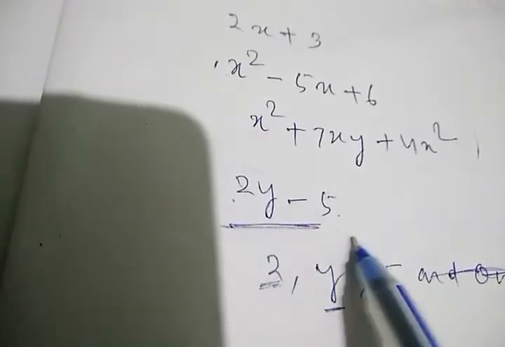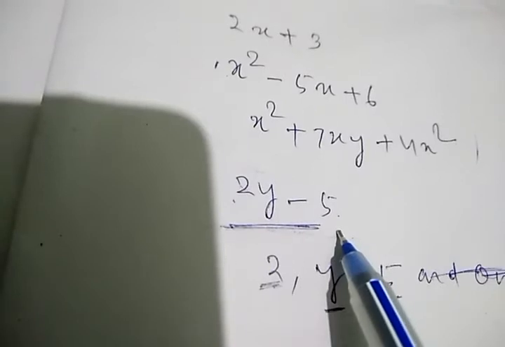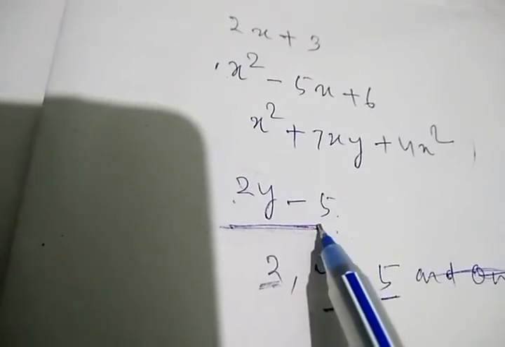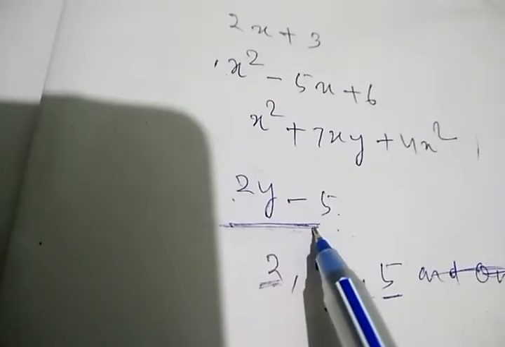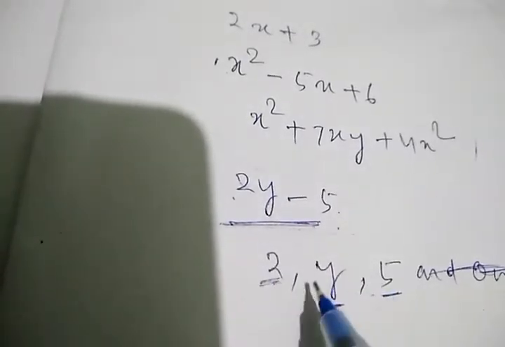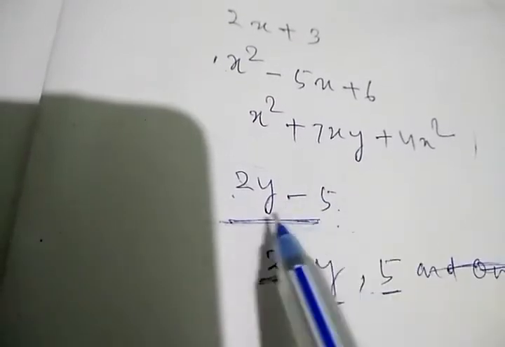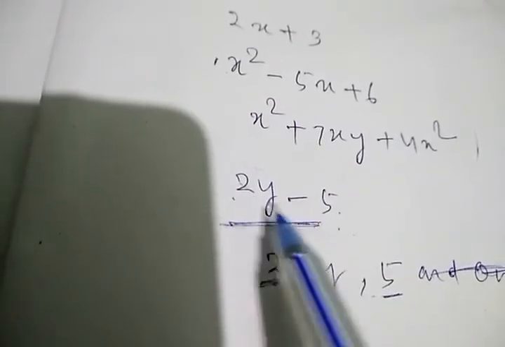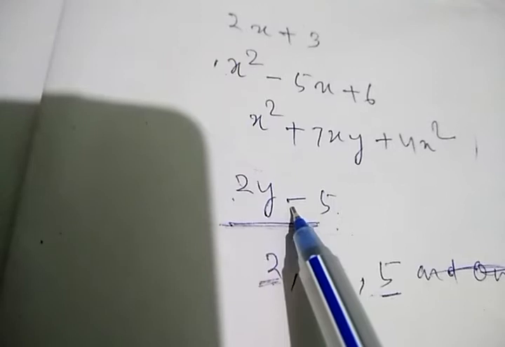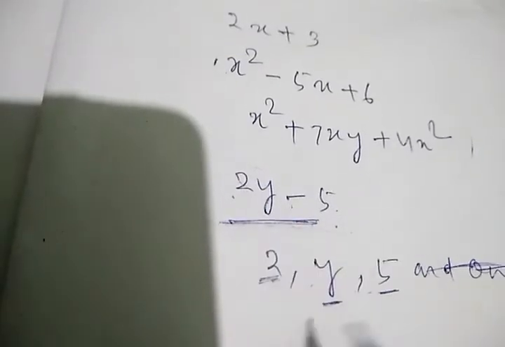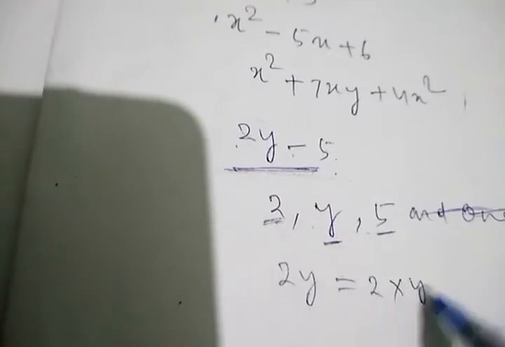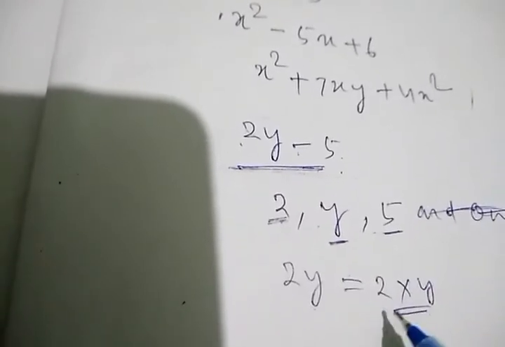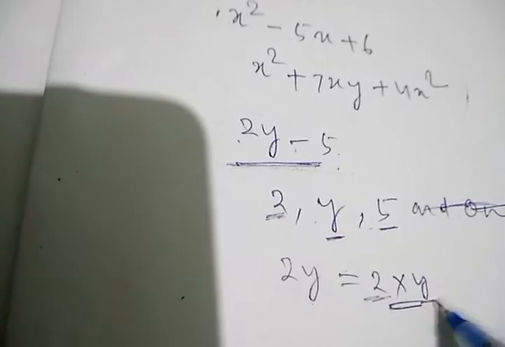Actually, this expression is a combination of constant and variable with mathematical operations, subtraction, and here product. How is 2y formed? Tell me. 2y is equal to 2 into y. It is the product of a constant 2 and y.